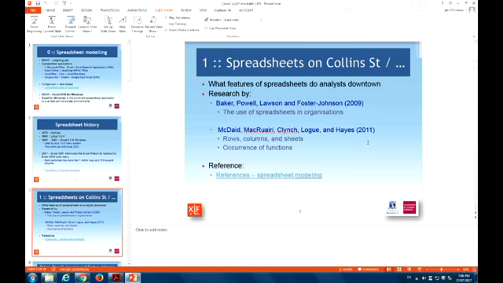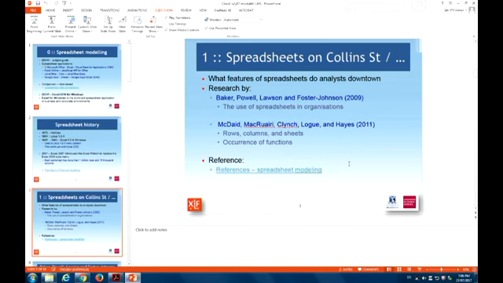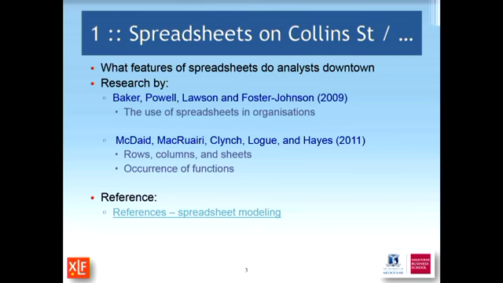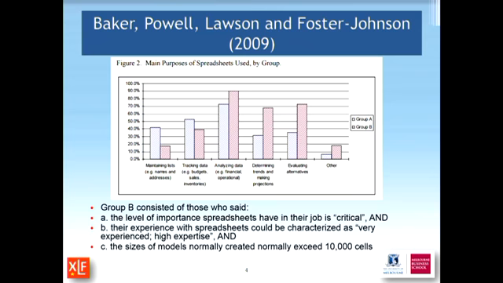Okay, so basically this first one here, from the current slide. This paper, written in 2009, did a survey of spreadsheet users, and they had Group A and Group B. The Group B people that they surveyed were people for whom spreadsheets were important in their jobs.